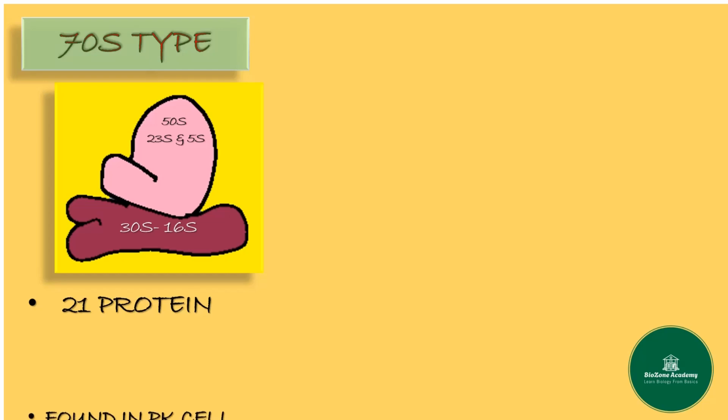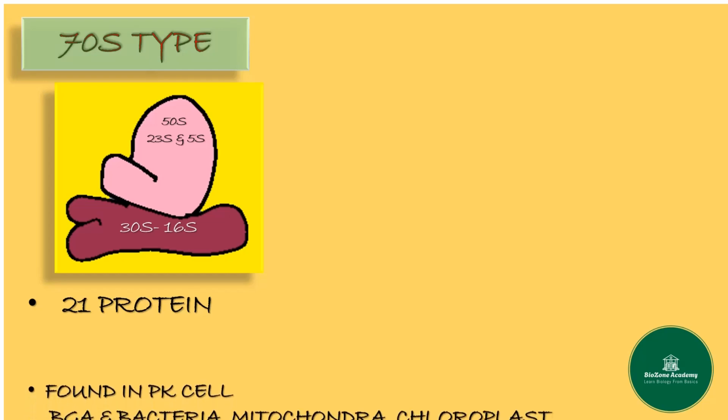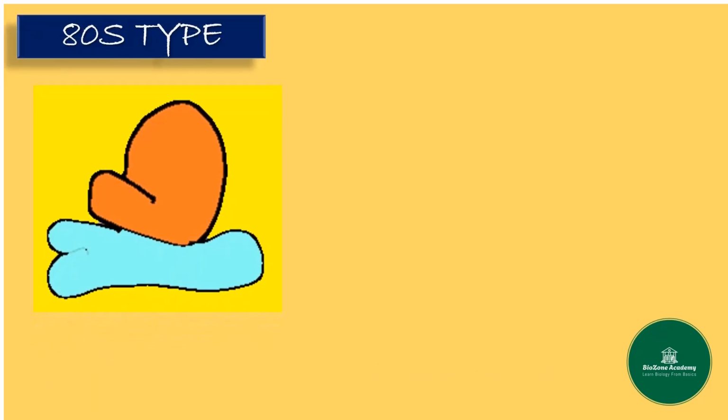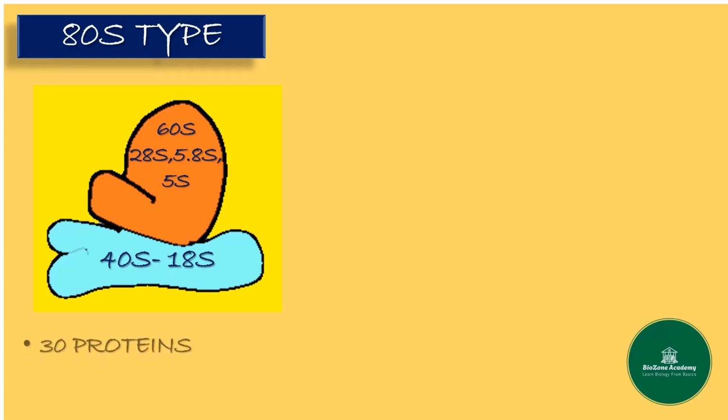This 70S type ribosome is found in prokaryotic cells like BGA and bacterial cells, also in eukaryotic cell organelles like mitochondria and chloroplast. In the 80S type, the larger subunit, that is 60S, is made up of 28S, 5.8S and 5S rRNA, whereas the smaller subunit, that is 40S, is made up of 18S rRNA.